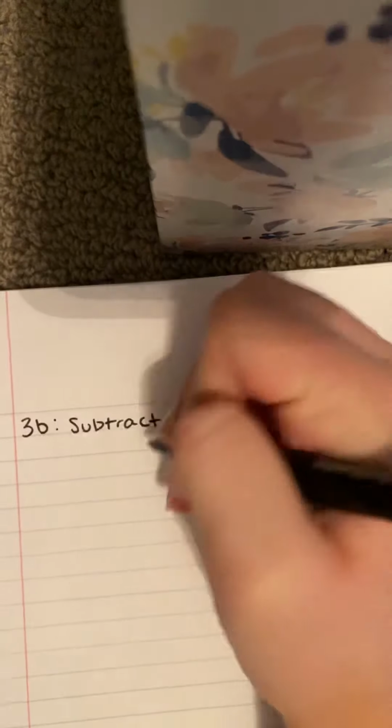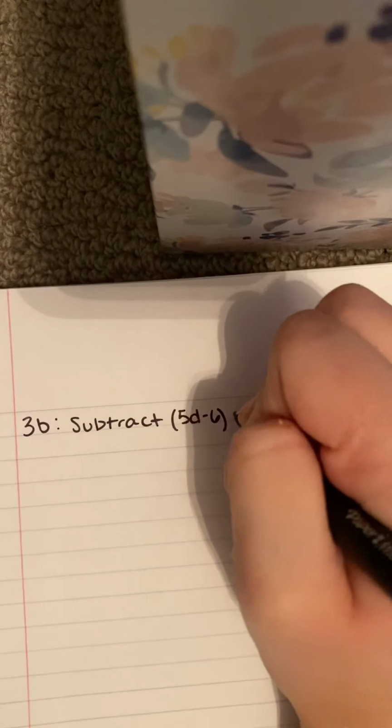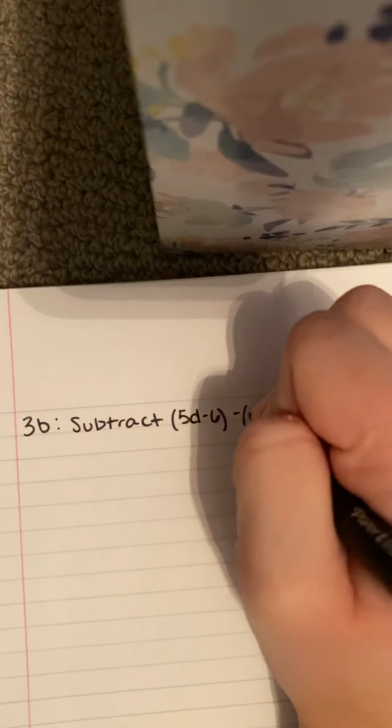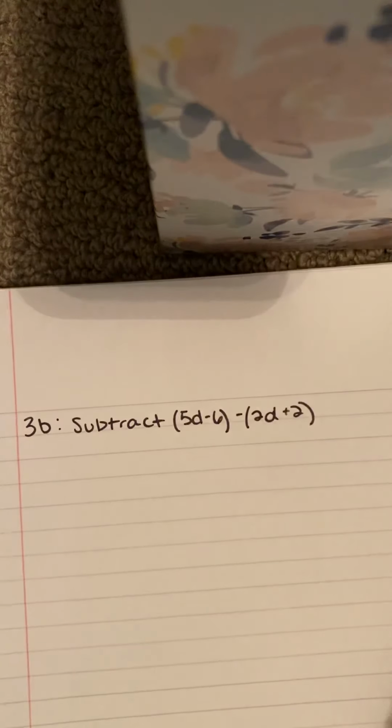So the first thing I'm going to do is write down this problem. So it is 3b subtract 5d minus 6 minus 2d plus 2.